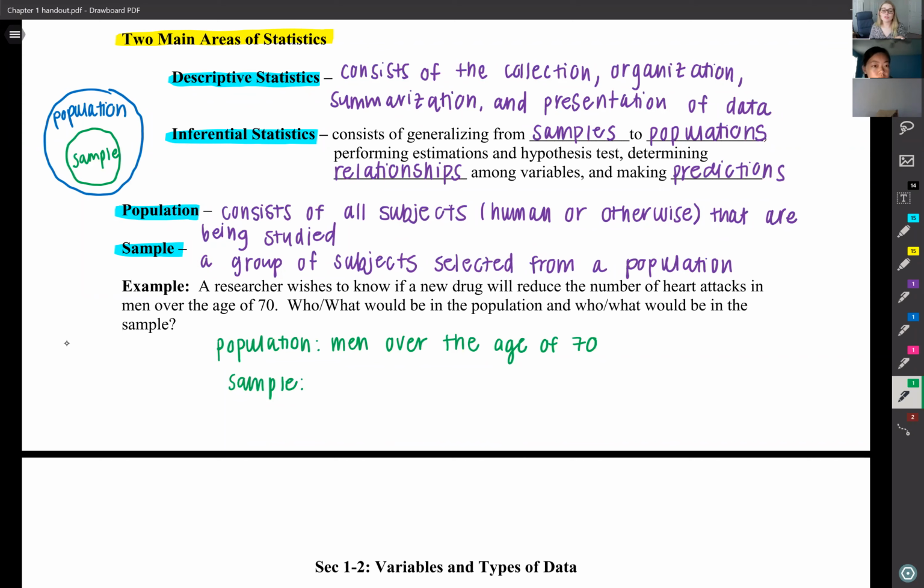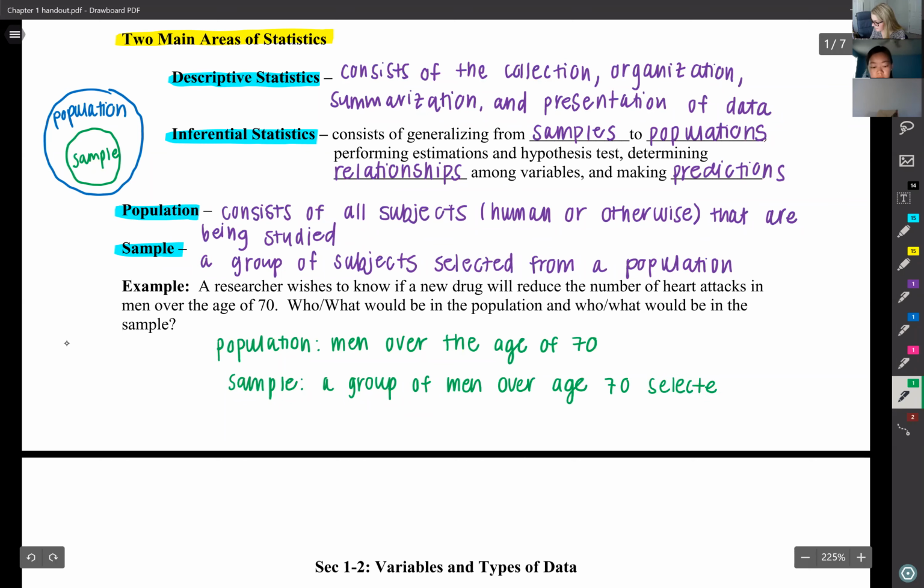And the sample would literally just be a group of men over the age of 70 that were selected to test the drug. So your sample would be a group of men over age 70 selected to test the drug.